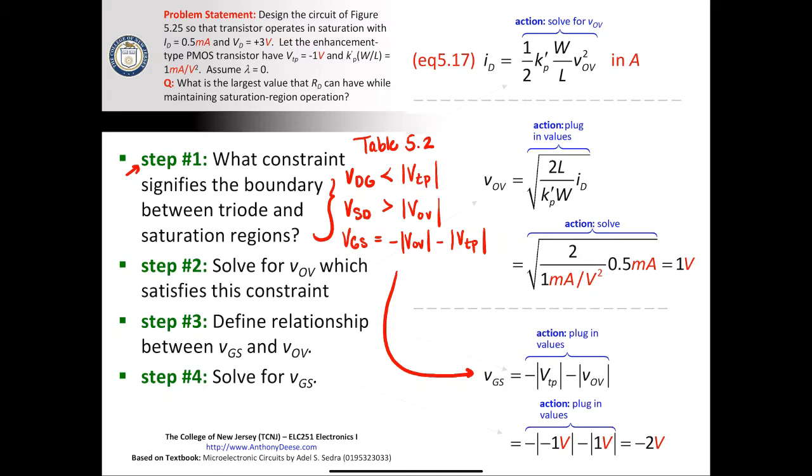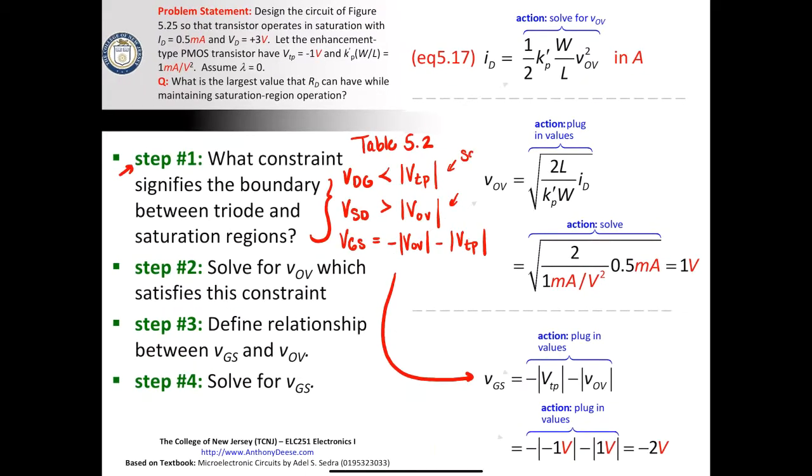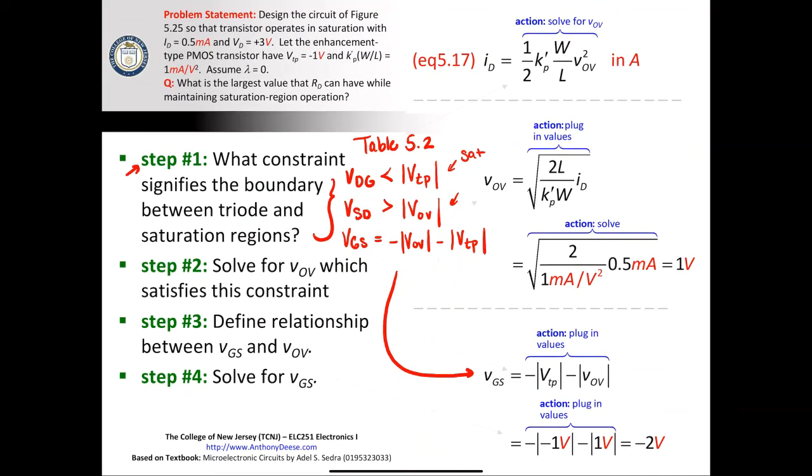These two inequalities, this one and this one, actually define the boundary. When VDG is less than the absolute value of the threshold voltage, we are in saturation region. Or alternatively, and this is an equivalent statement, when VSD is greater than the overdrive voltage, we are also in the saturation region.